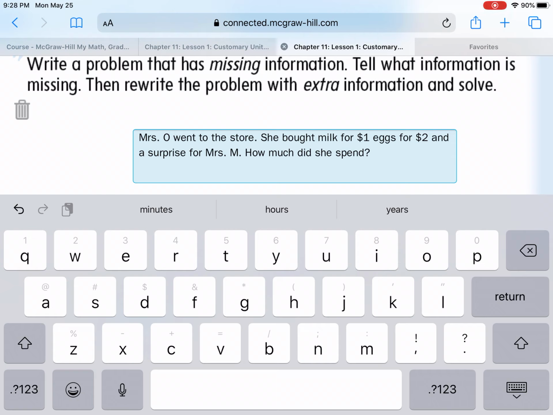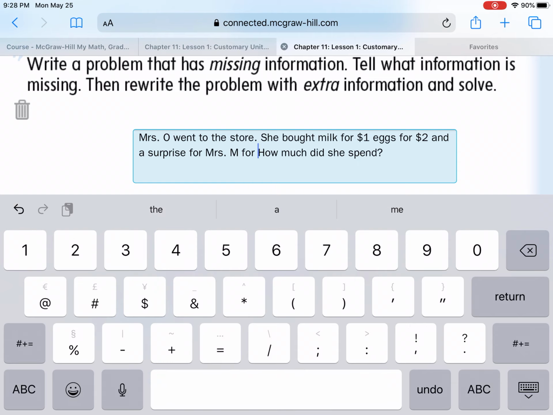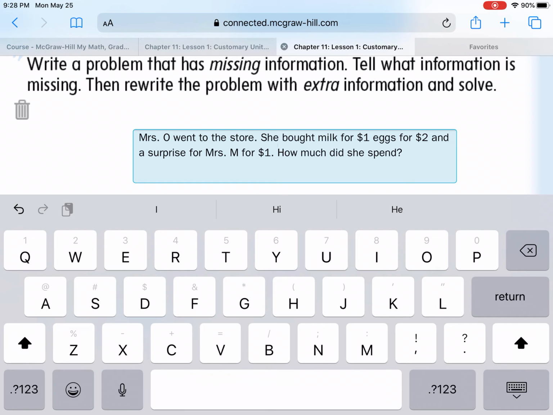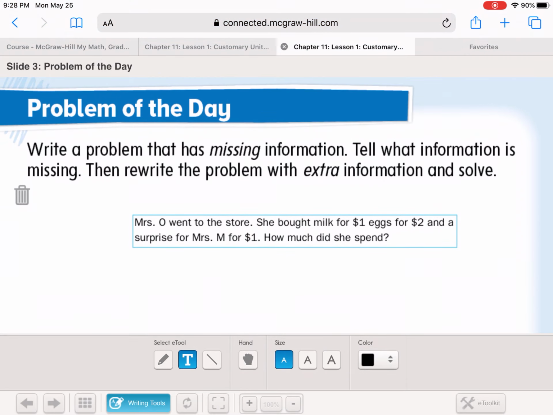And a surprise for Mrs. M for $1. Okay, now I changed it to how much did she spend. So then you would add up the numbers. Okay, easy, right? So I'm not even going to make you do your own problem. That's just the beginning and the end. Okay, we ready to move on?